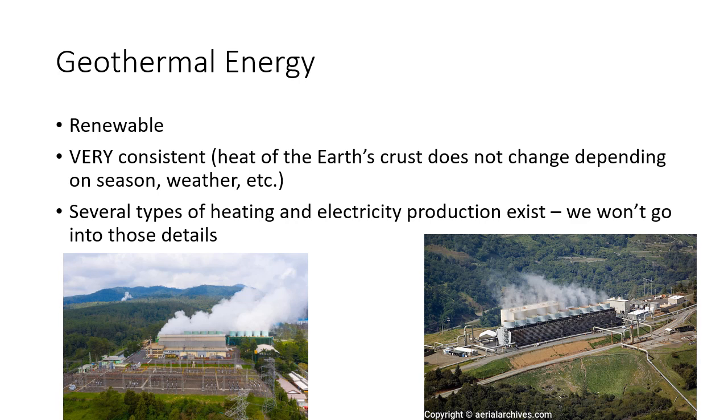Plus plate tectonics and all of those things continues to warm the crust, and the small little tiny amount of energy that we extract is totally negligible. Okay, it's a very consistent energy supply, so the heat of the Earth's crust doesn't change from summer to winter. It stays at a constant temperature, whether that is deep geothermal at a geothermal power plant or whether it's more shallow with geothermal heating and cooling.